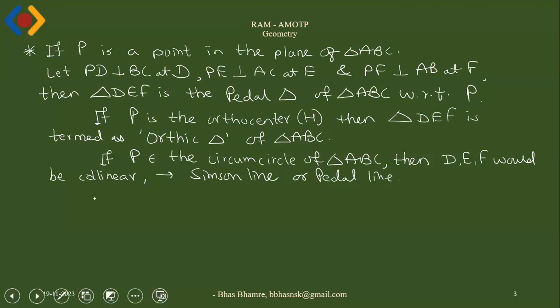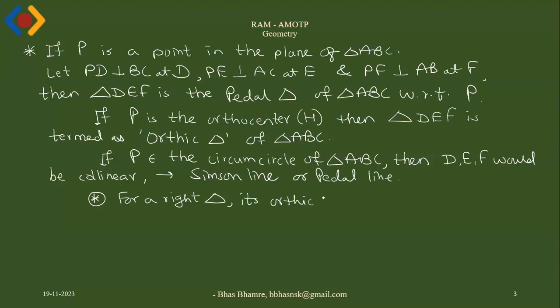So we can say here one more thing I would like to write. For a right triangle, its orthic triangle is degenerated to the Simpson line.